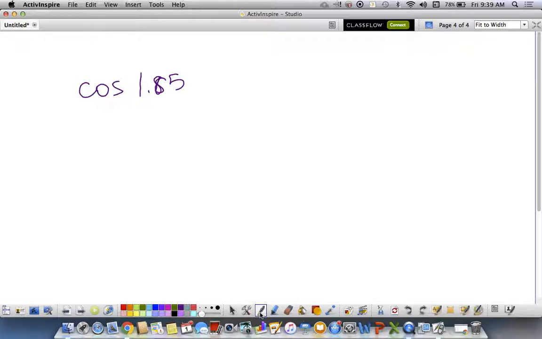Negative 0.28, etc. Okay? Radian mode will be when we're using trig functions instead of degrees. Now wait, everybody change your calculator mode back to degrees, just in case you're going to physics, and you don't need it in radian mode.